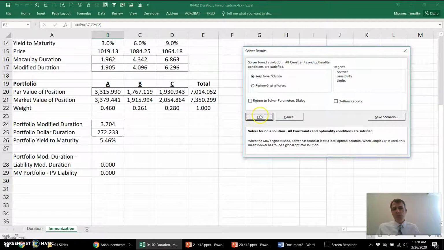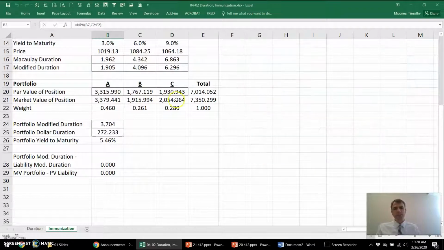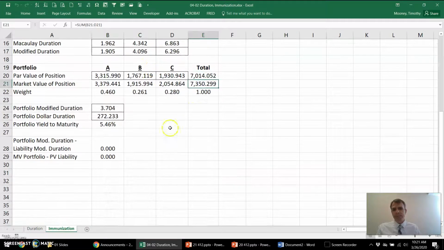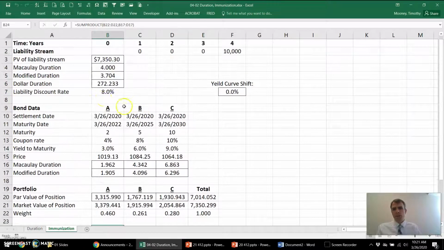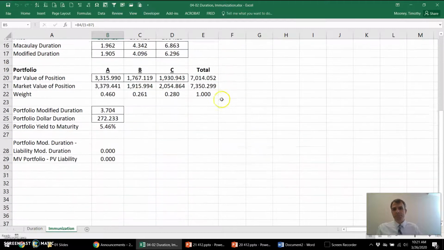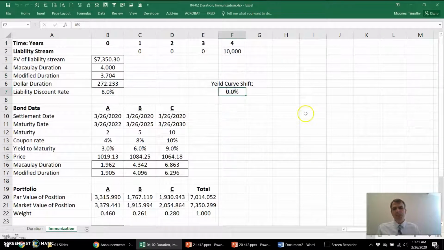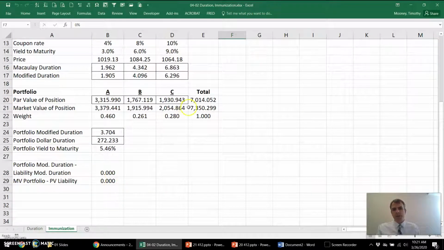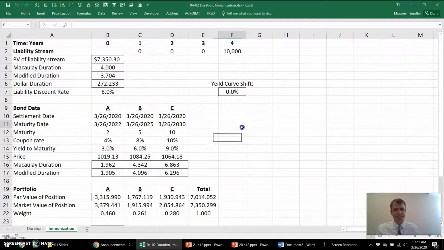I got this. If you do it on your end, there's a good chance you'll get something else because there's different combinations of these 3 bonds that will give us a portfolio with the same market value and also the same modified duration. But let's see what happens when we shift the yield curve now, right? Before, when we shifted the yield curve, the bond portfolio was worth about 100 some, maybe 170 some dollars less than the liability stream after interest rates rose.